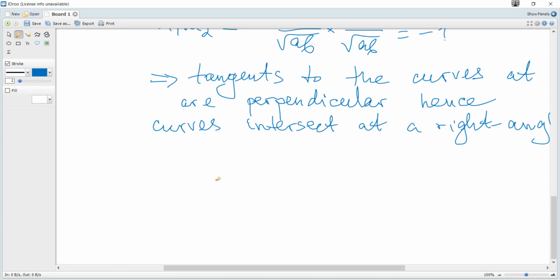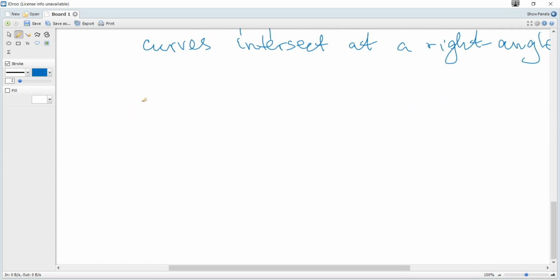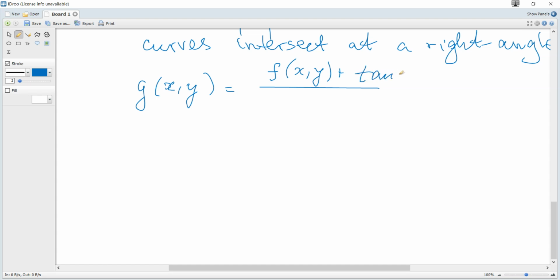It can be shown that g of x, y, where g is the gradient of curve capital G, is equal to f of x, y plus tangent alpha over 1 minus f of x, y times tangent alpha.